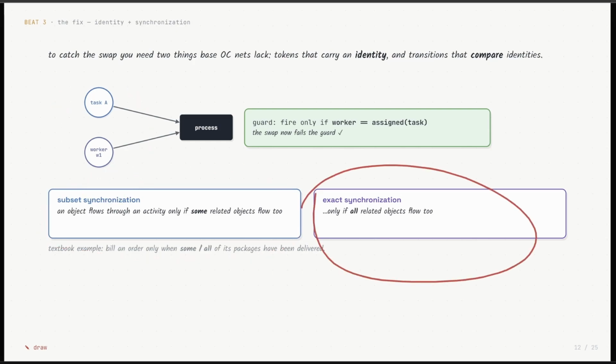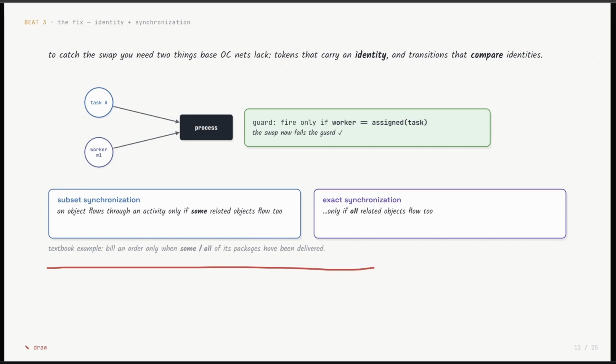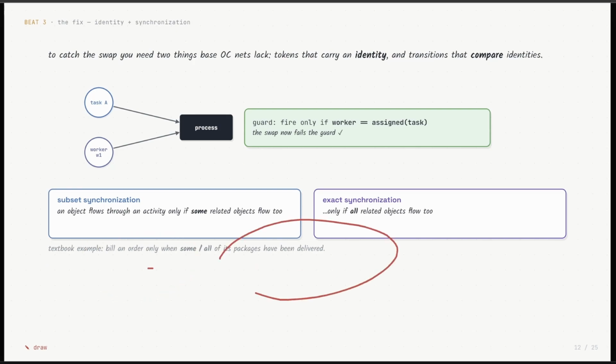Exact synchronization means only if all related objects flow too. The textbook example is that a bill is issued for an order only when some or all of its packages have been delivered. If you take the wrong order and assign it the wrong packages, that would create problems.